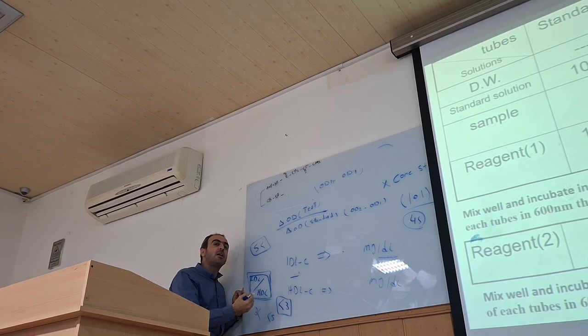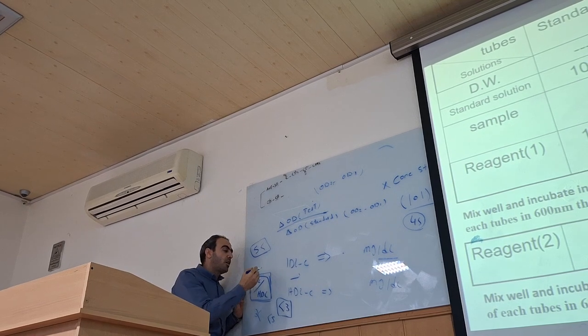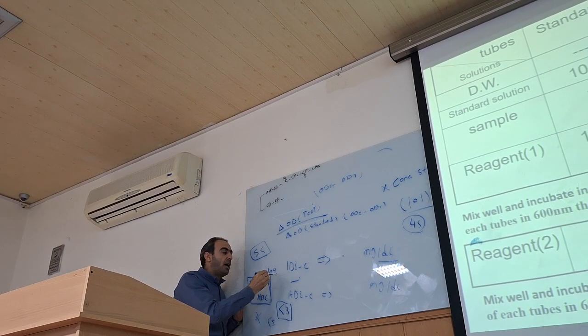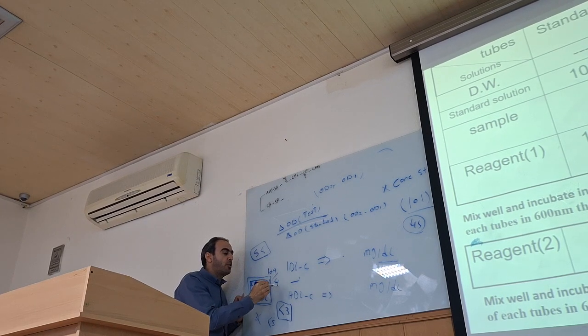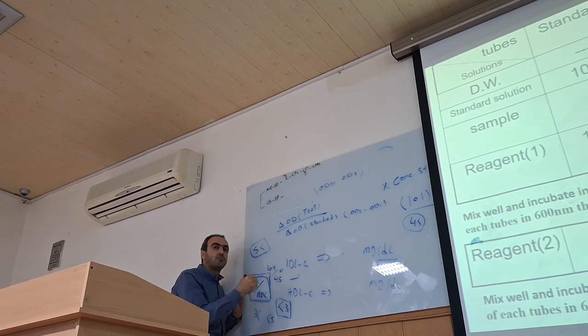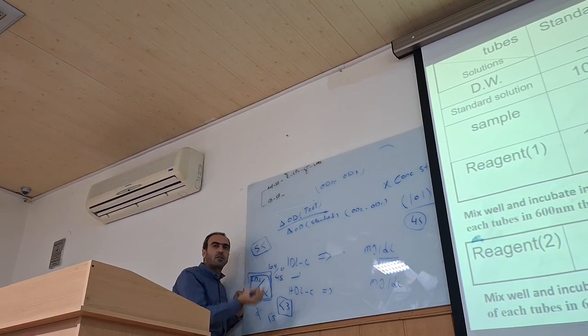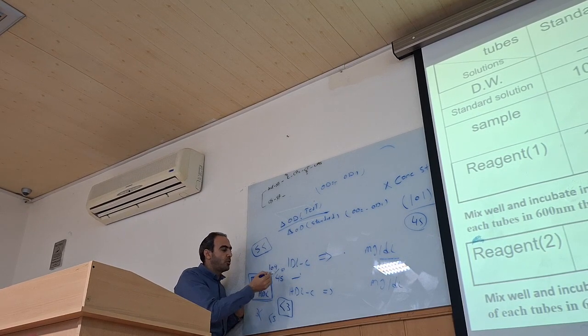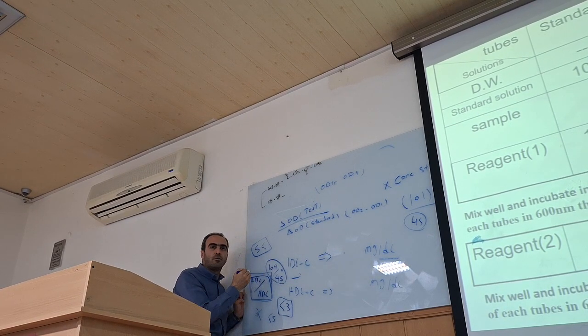For example, if LDL concentration is 104 and HDL is, for example, 45. What is the ratio? 2 point something. Less than 3, so it's good. Less than 3 is good. So it's a good value.